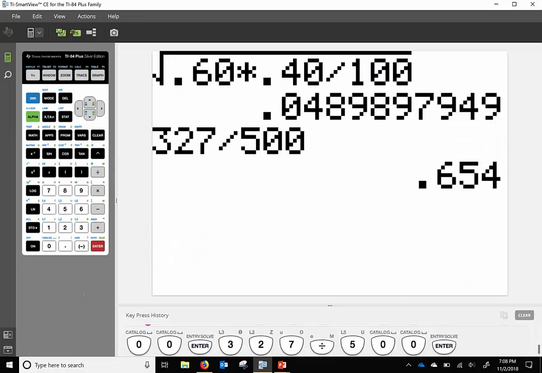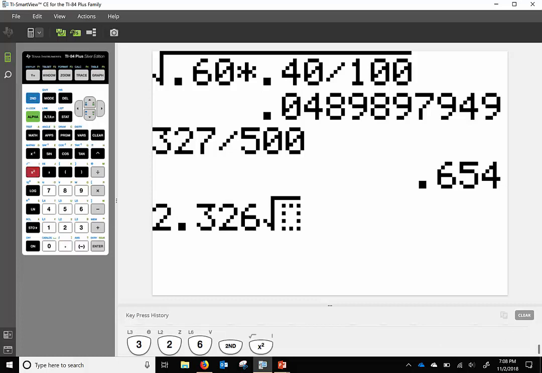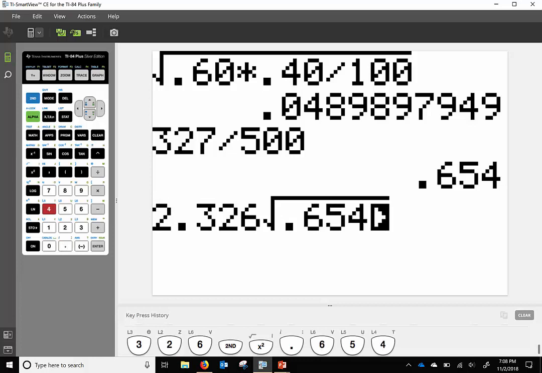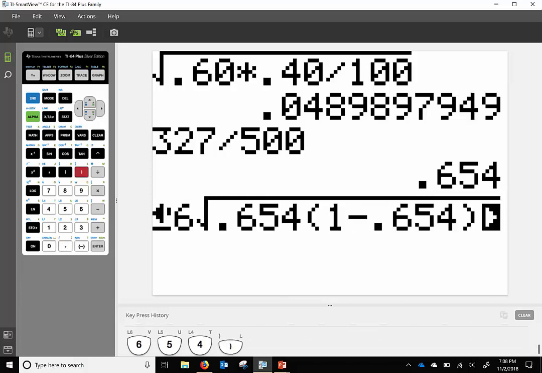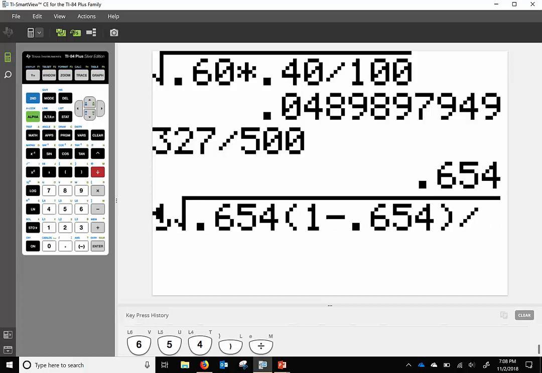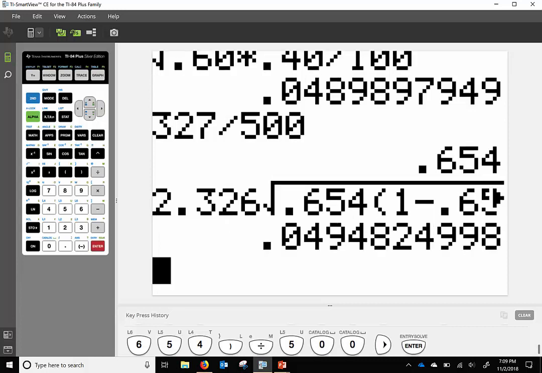It's 2.326 times the square root of 0.654 times 1 minus 0.654, close parentheses, and then divide that by 500. We work that out, and I'm getting a margin of error of 0.049.